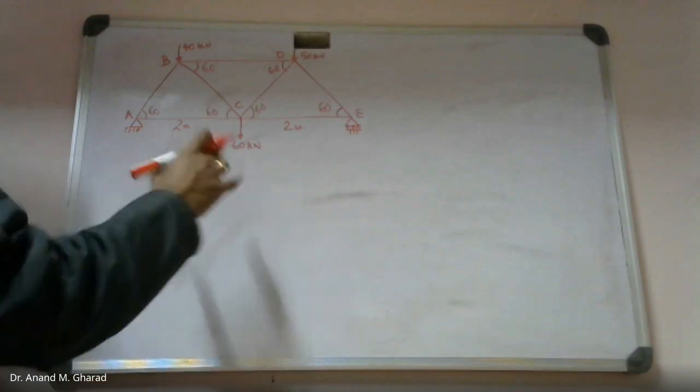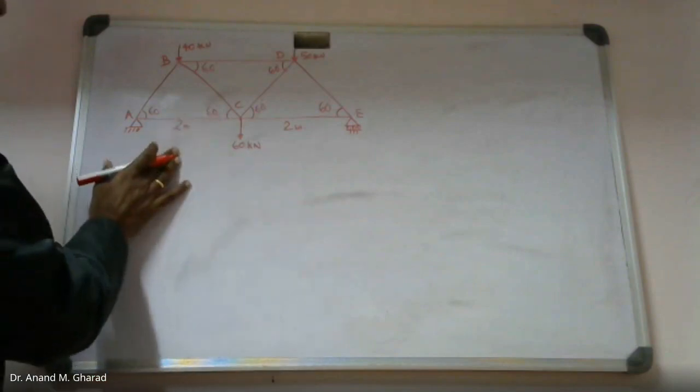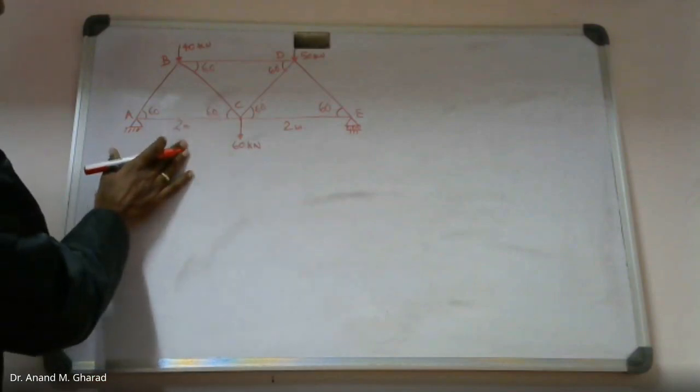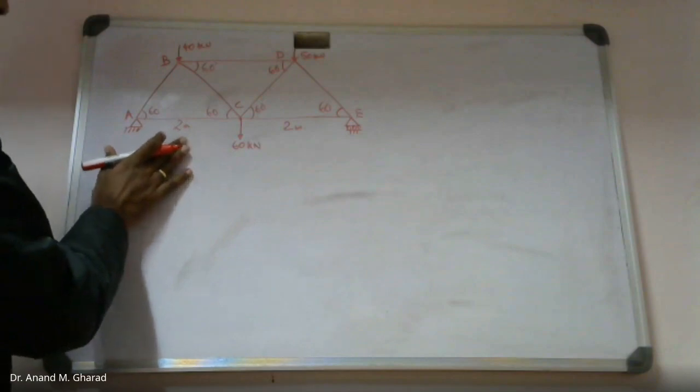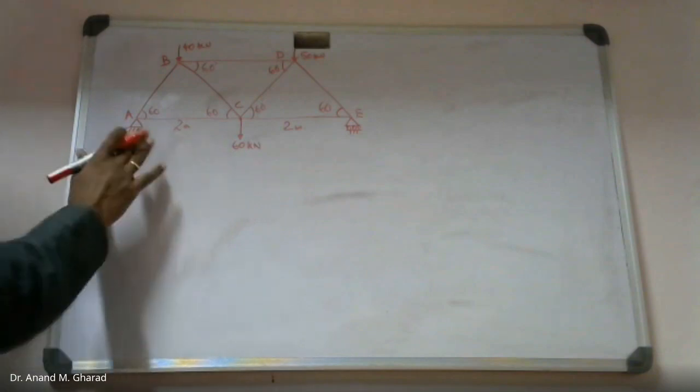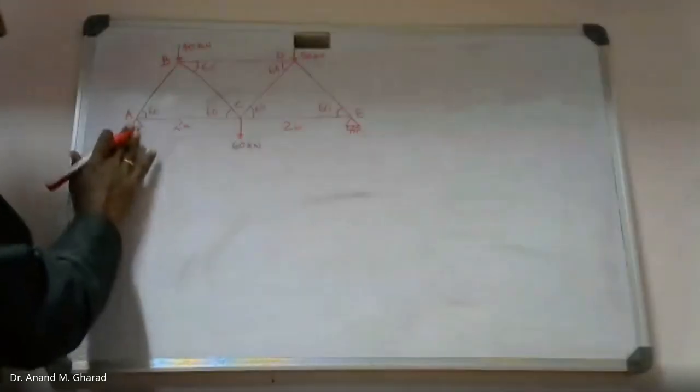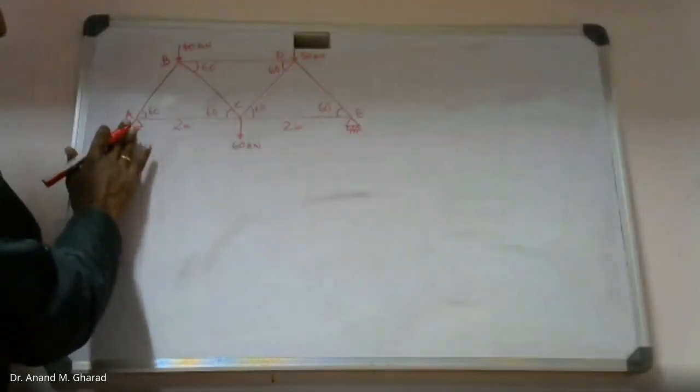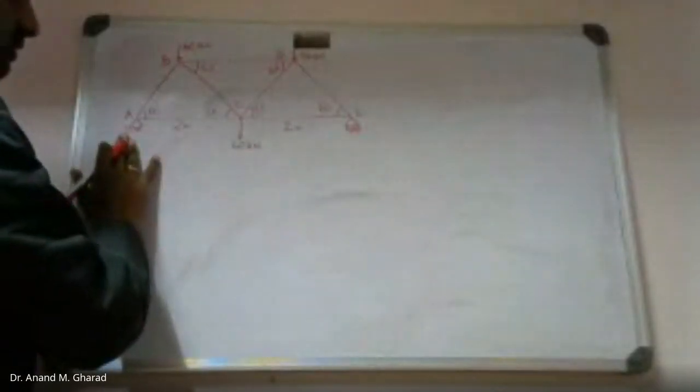So first of all, see to it whether this structure is externally determinate or not. Externally determinate का मतलब होता है whether the support reactions can be calculated with the help of available equations of equilibrium.